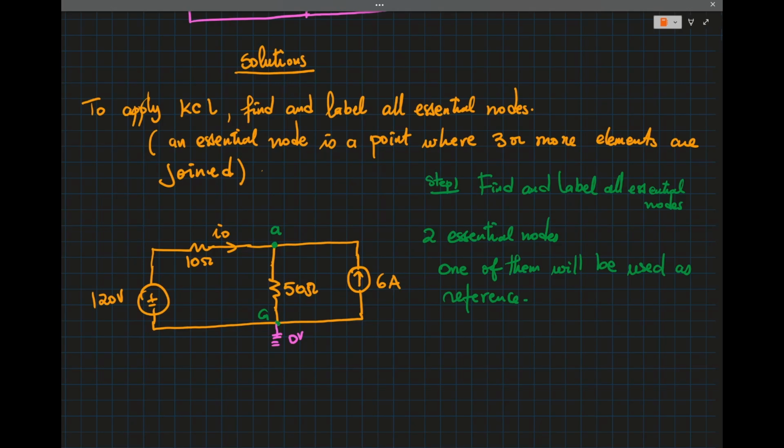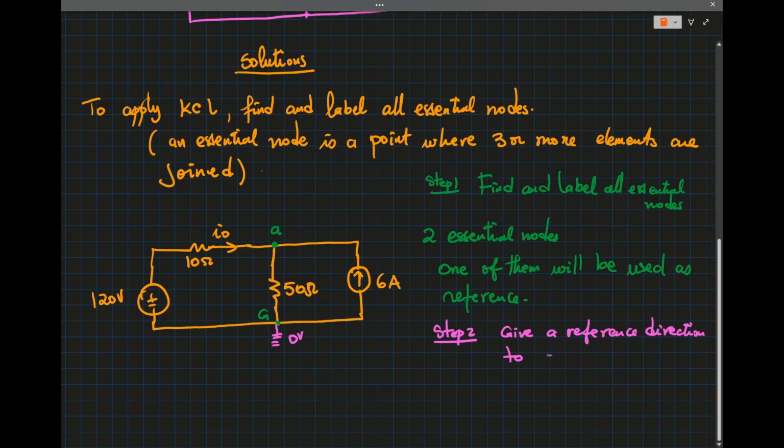So in step 2, give a reference direction to the current in each branch.